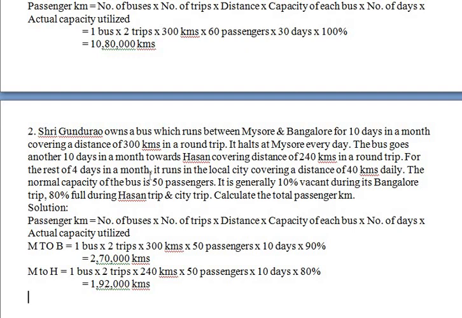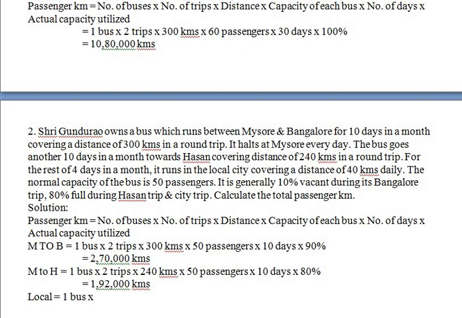For the rest of 4 days in a month, it runs in a local city trip. That is local trip. Again, number of bus is one bus into trips. Now they haven't given anything. Now, for the rest of 4 days in a month, it runs in a local city covering a distance of 40 kilometers daily.